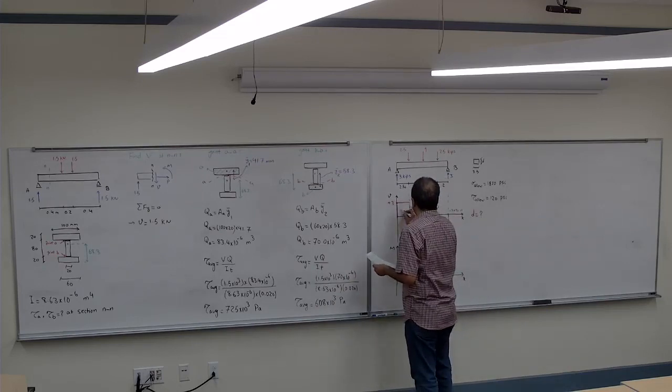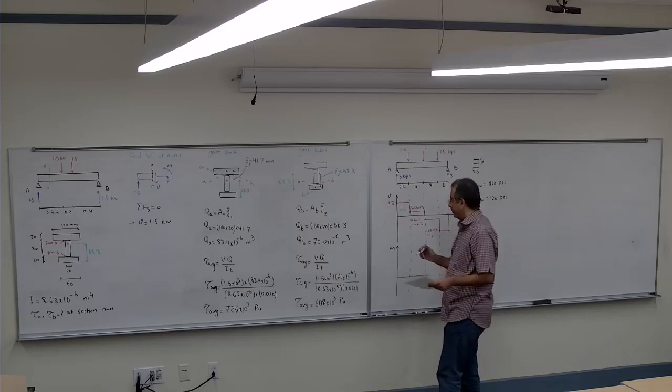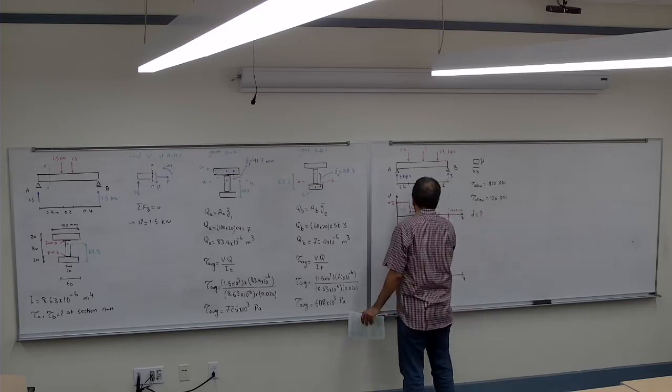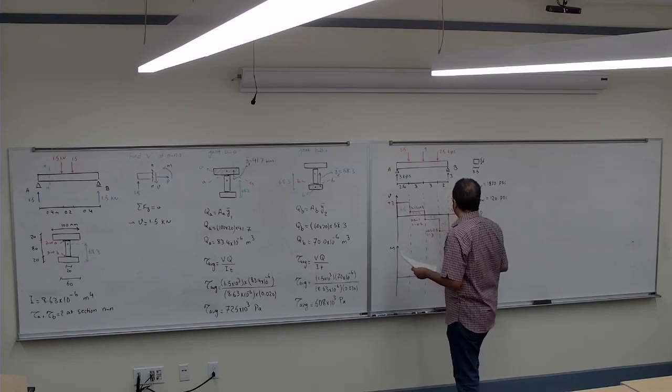What's the next one? It's a half times 3, so it's going to be 1.5. So it's a plus 1.5. The next one is again negative 1.5. And the next one is going to be negative 6.